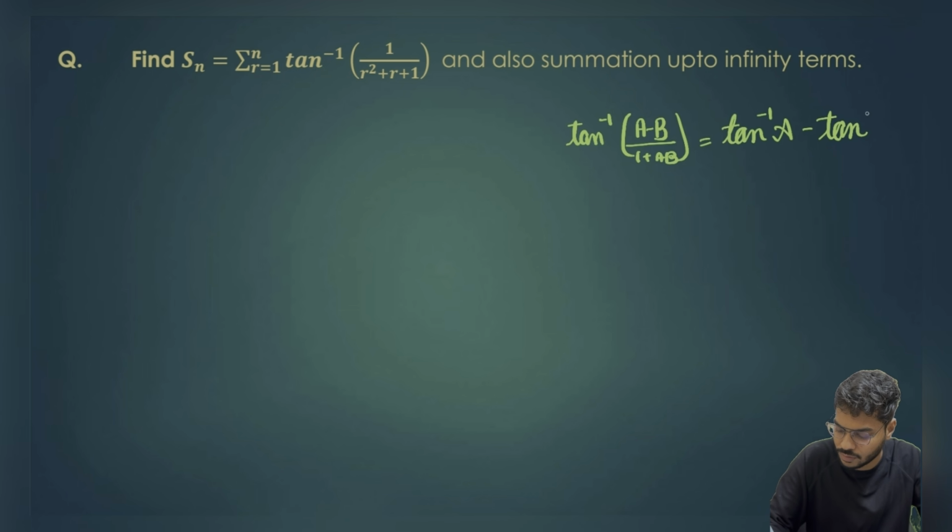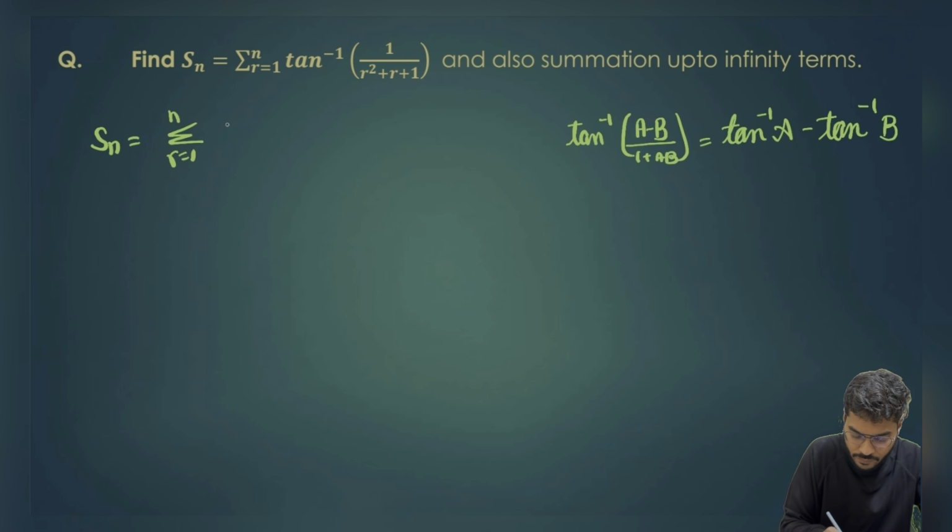I have to use that formula in this question. So what is Sn given? Sn is the summation of r from 1 to n, tan inverse 1 upon (1 plus r square plus r).